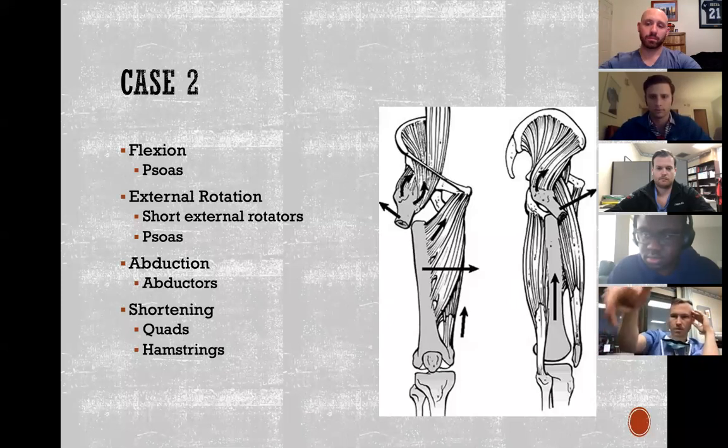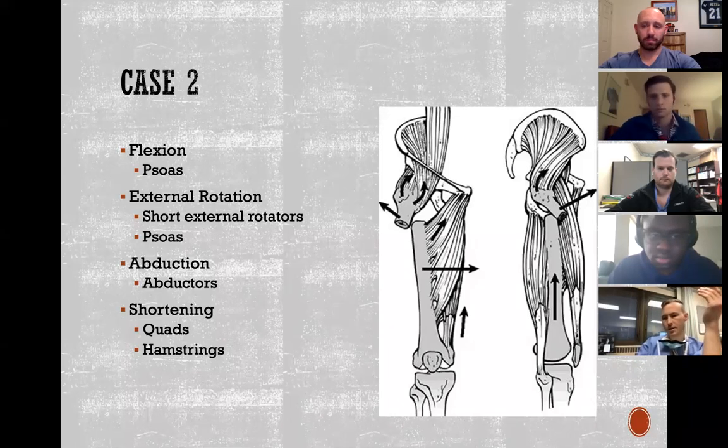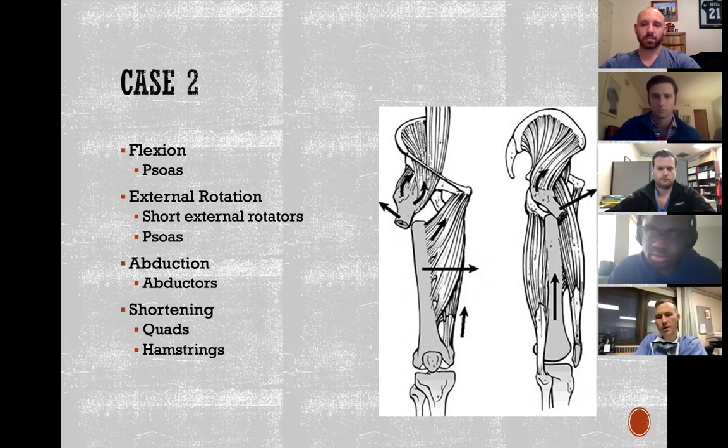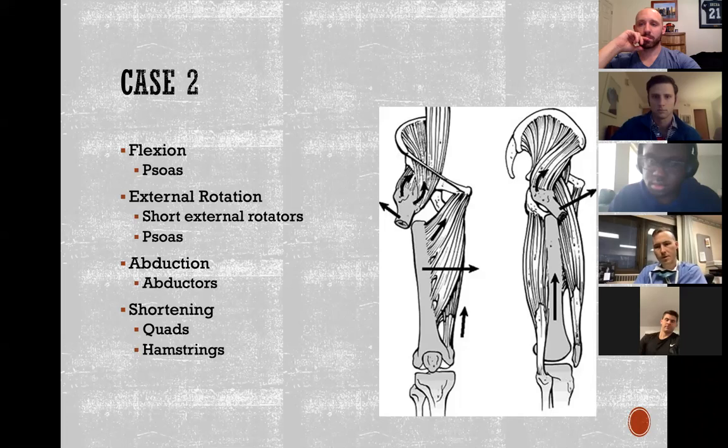So when it pulls it up, it's externally rotating as well as flexing it. And then your abductors, your gluteus medius, your gluteus minimus, and certainly the tensor fascia lata is contributing to that somewhat as well. But the majority of the abduction would be coming from the glute muscles, and then quads and hamstrings you fit very nicely.